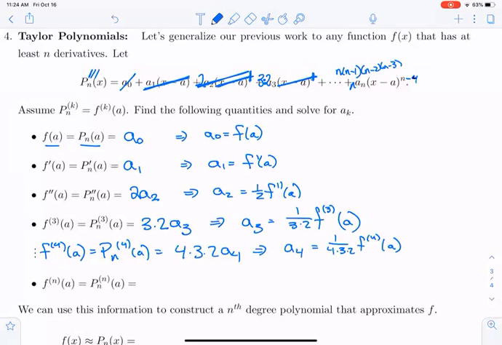So what you're seeing is that the nth derivative ends up being n factorial times a sub n. And that tells me that a sub n in this case is 1 over n factorial times the nth derivative of f at x equals a.